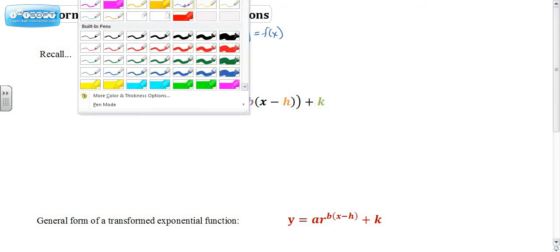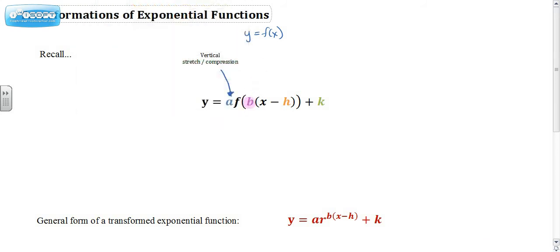Another transformation that is similar but different is this b value here. The b value is inside of my function and it tells me that I need to do a horizontal stretch or compression. Unlike the a value, the b value is inside my function, and the value shown in the equation isn't what it seems.